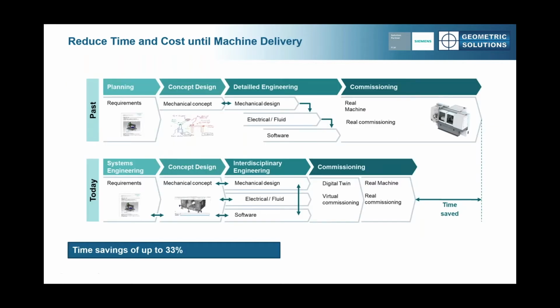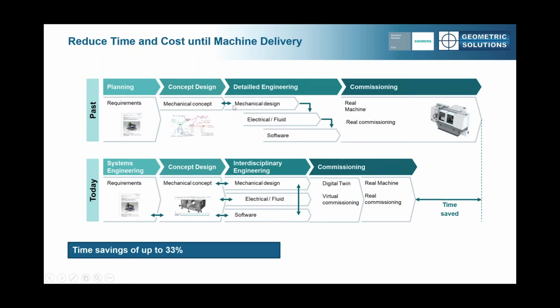So this is a typical path that we would take to make a machine. So the old way, the past, we'd start with requirements, and then it would come to a concept. Now what we see there is kind of like that cocktail napkin, where we just draw up a concept and we're hoping that this is going to work. When it comes to detailed engineering, ideally, there's some overlap.